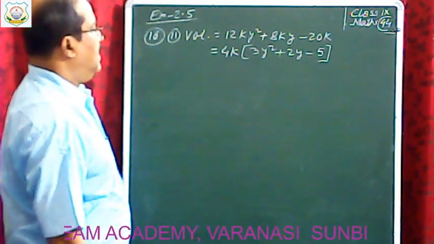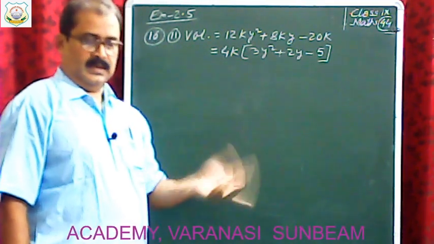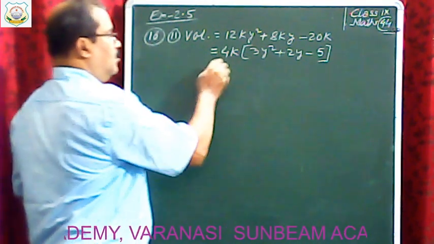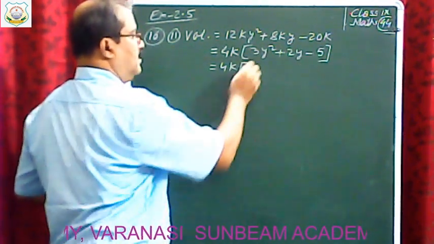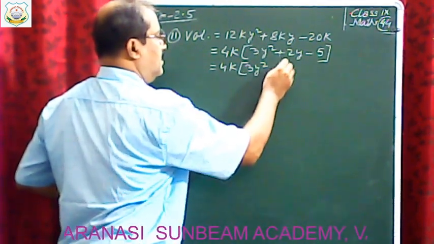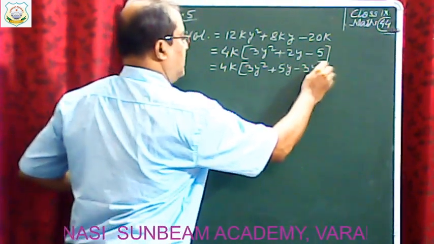Thereafter we get a quadratic trinomial. Again we factorize by splitting the middle term, as you know. So 4k, 3y square plus 5y minus 3y minus 5.